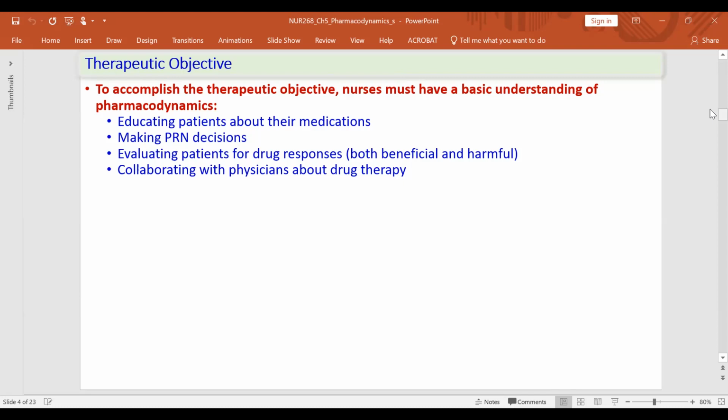Examples of this would be the vancomycin trough levels. The trough level should be drawn for vancomycin before or prior to the next scheduled dose. The trough level determines the dosage administration.